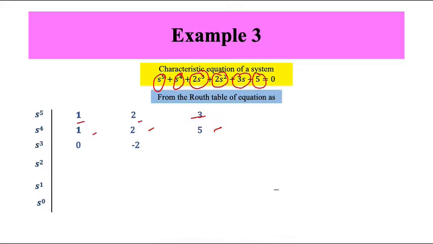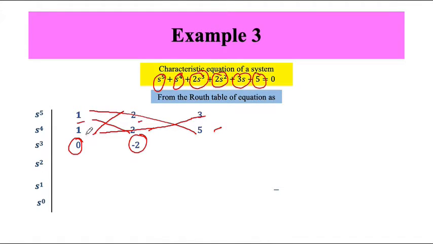If you calculate, this is 2 minus 2, 1 into 2 is 2, minus 2 will be 0, so this term is 0. Similarly, this is 3 minus 5 divided by 1, which is minus 2.